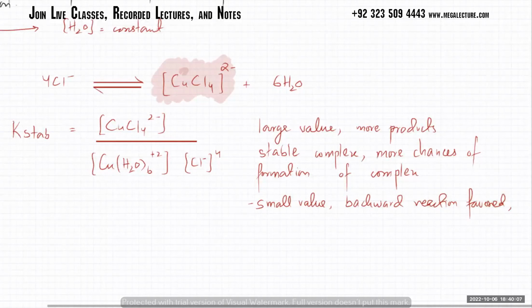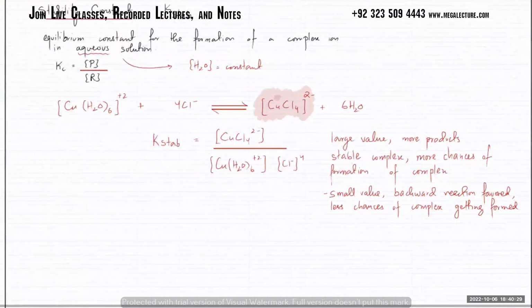And it would be very hard to form the complex. So less chances of this complex getting formed. Okay, so there's going to be very less chance of the complex getting formed.